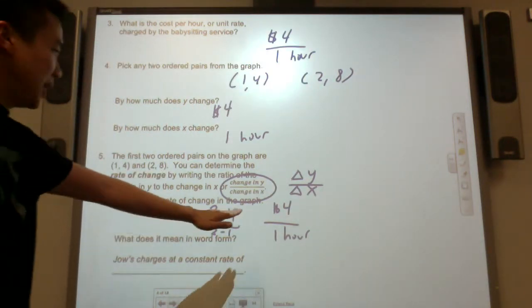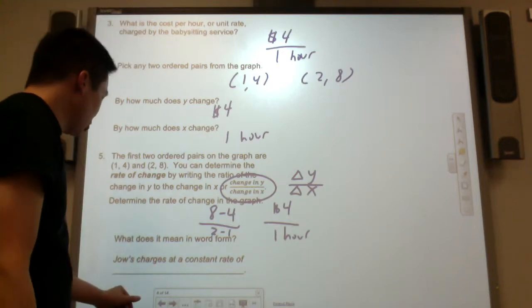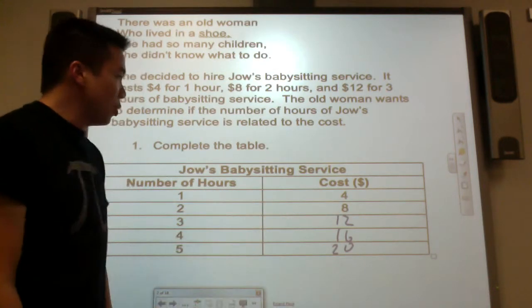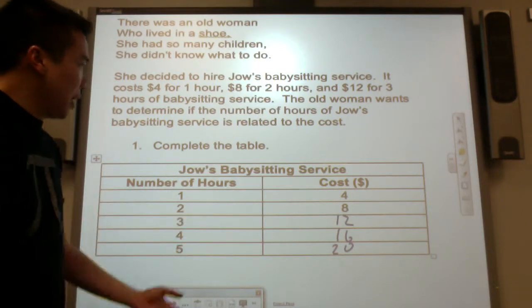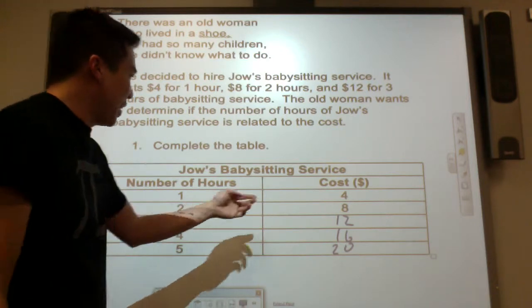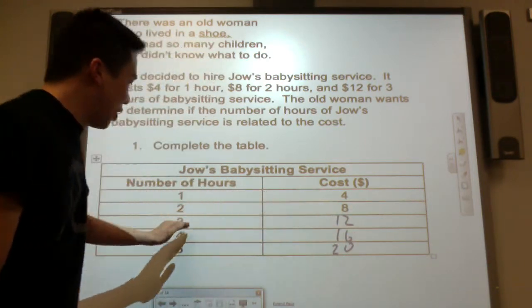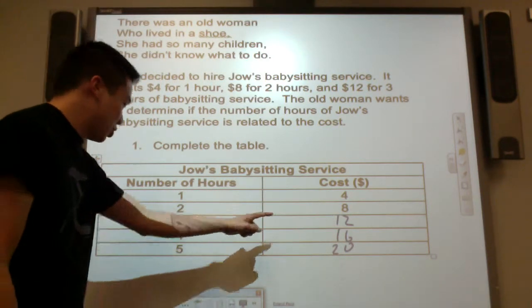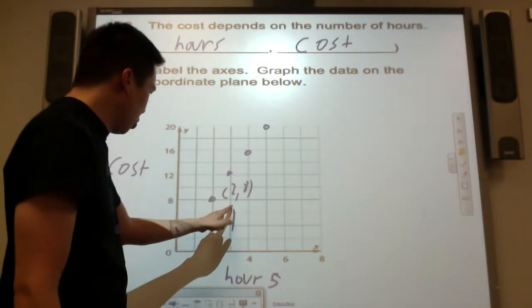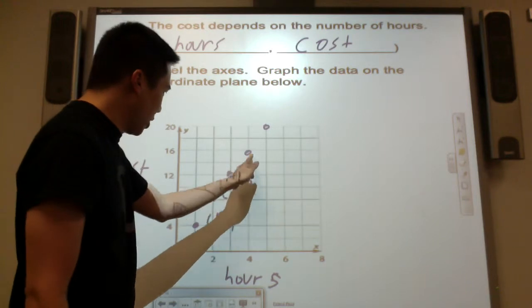So what does this mean in word form? If you look at your graph, or let's look at a table, what can you tell me about this? Is it changing $4 per hour? Increases $4 for every hour I put in here? It seems as though it is. Let's look at a graph. Every hour I go, it increases $4.